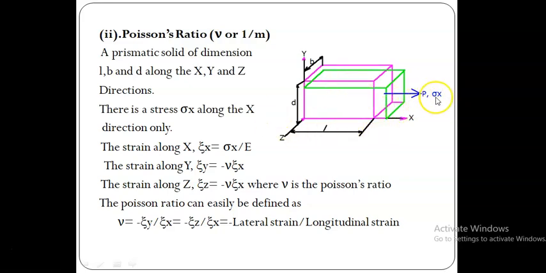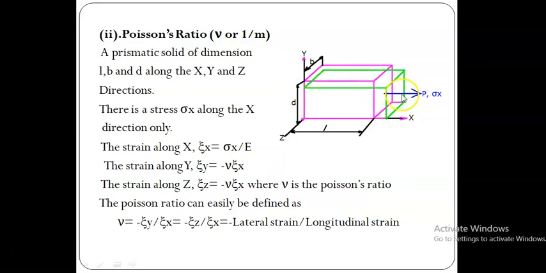The strain along x, that is epsilon x, is equal to sigma x by E, because Young's modulus is equal to sigma x divided by epsilon x. This is the strain along the x direction only.